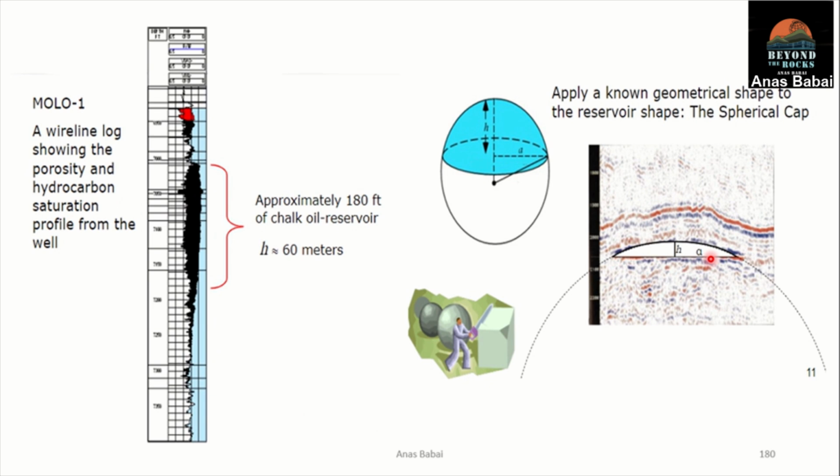Even from the seismic itself we can get an idea about the thickness, but again for the transformation of the seismic to depth, we can rely on the well log as a depth provider.